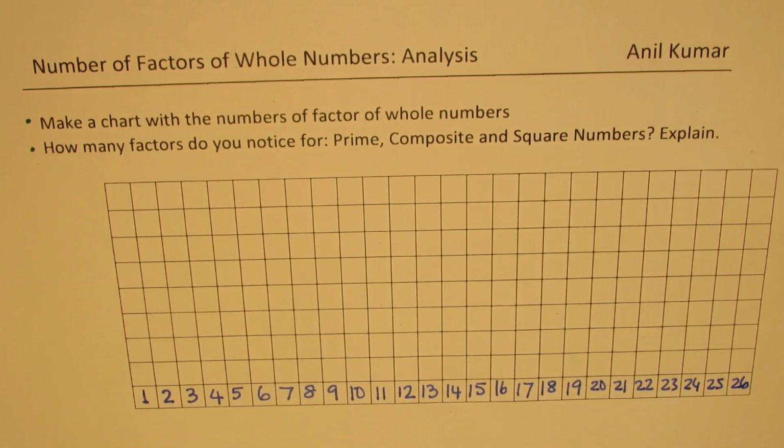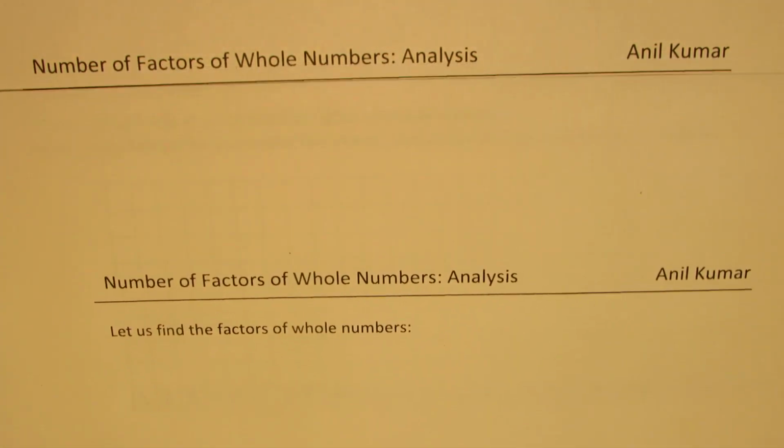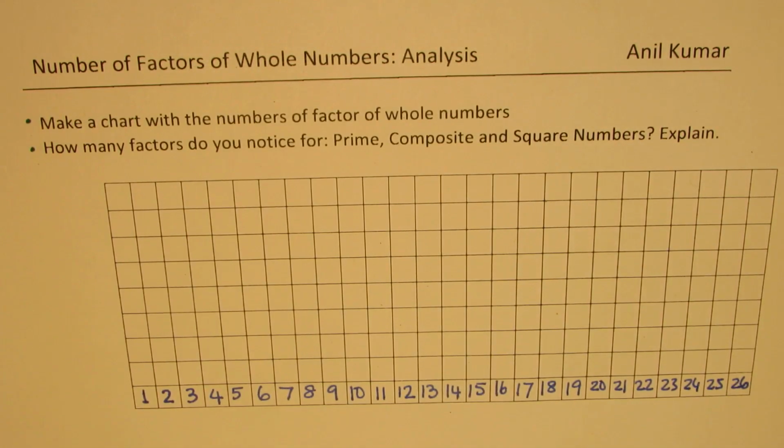So we'll find the number of factors for 26 numbers, right? I may take help of another sheet to work out the factors of each number, and then we'll write down in this sheet how many they have, right?